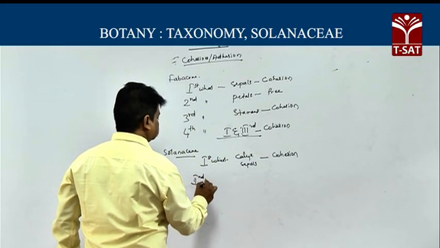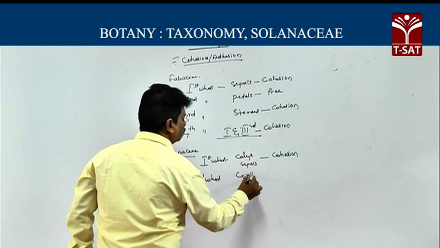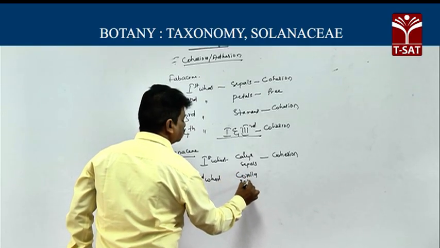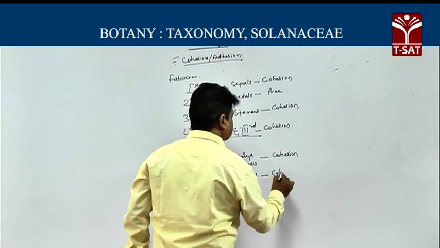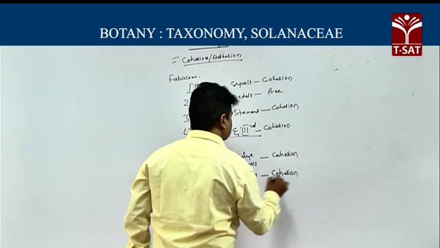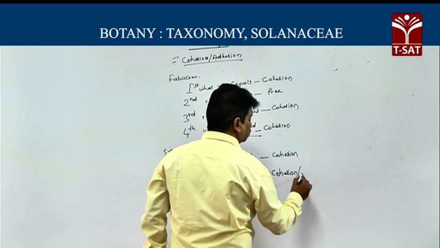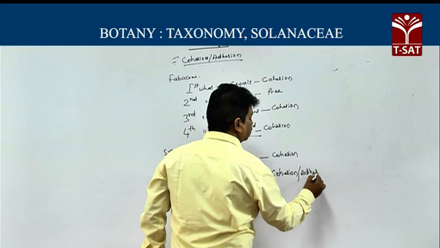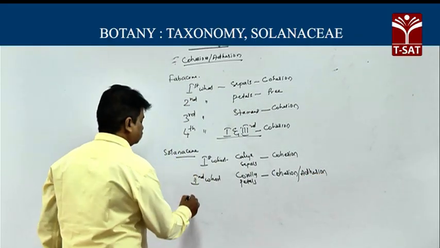Second whorl corolla means petals. Petals fused, shows cohesion, but both cohesion and adhesion in petals.